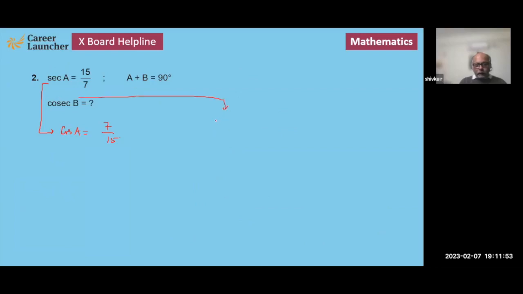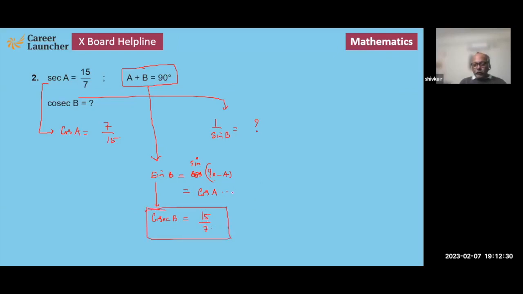What do we need? If I need to find out 1 by sine B, right? Now, if you tell me that the relation is A plus B equal to 90 degrees, sine B will be equal to sine 90 minus A, and this is equal to cos A. So cosecant B is equal to 15/7.